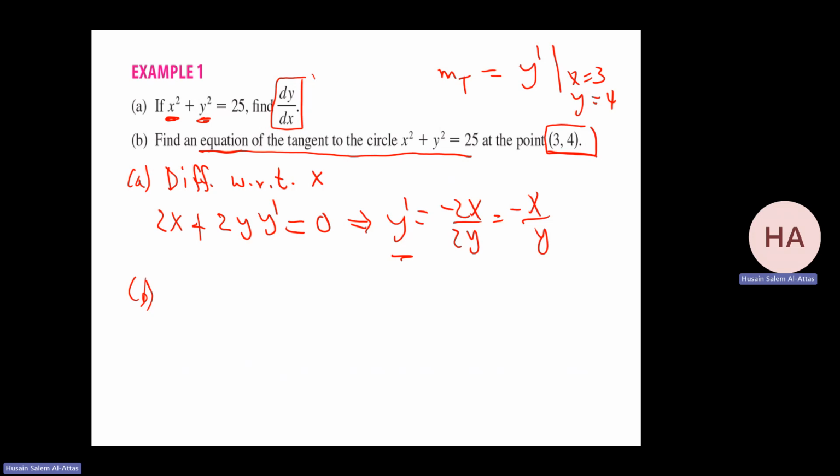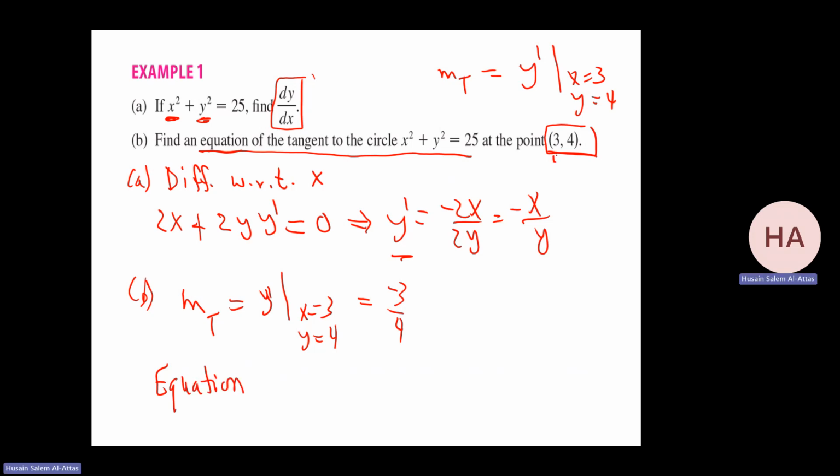So the slope of the tangent will be y prime at x equals 3, y equals 4. And that equals minus 3 over 4. So that is the slope. So what will be the equation?